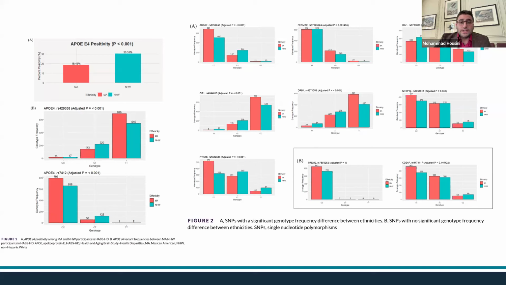And you can see on any of these figures, for ABCA7, there's 3 possible genotypes that you could have. You could be homozygous CC, heterozygous CG, or homozygous GG. And that was essentially the analysis that we did. We wanted to see at what frequencies were these base pairs for each of the alleles between the two populations.